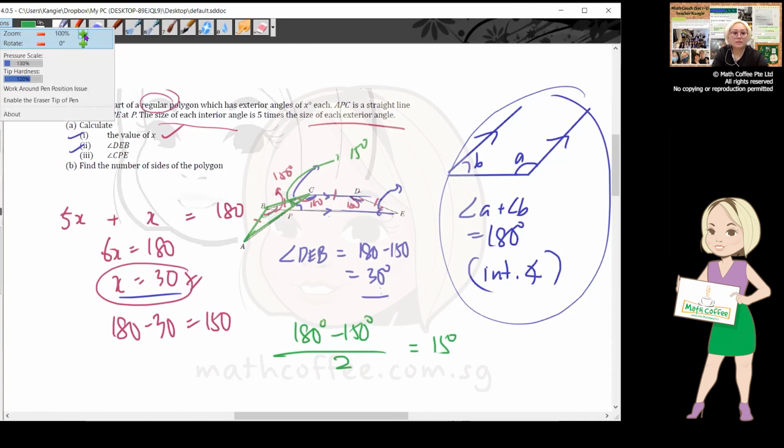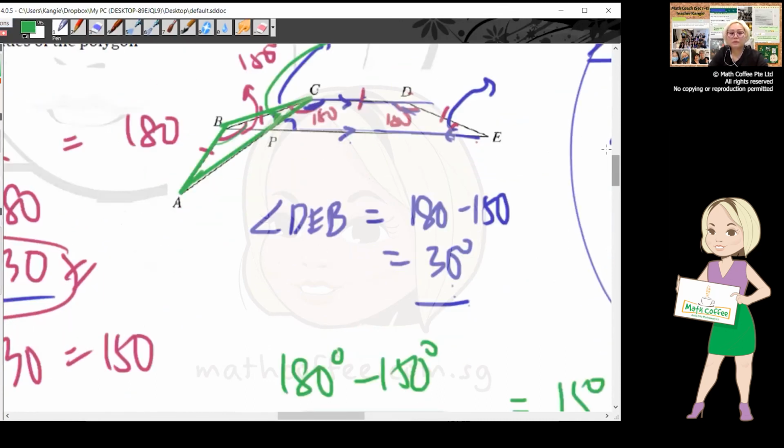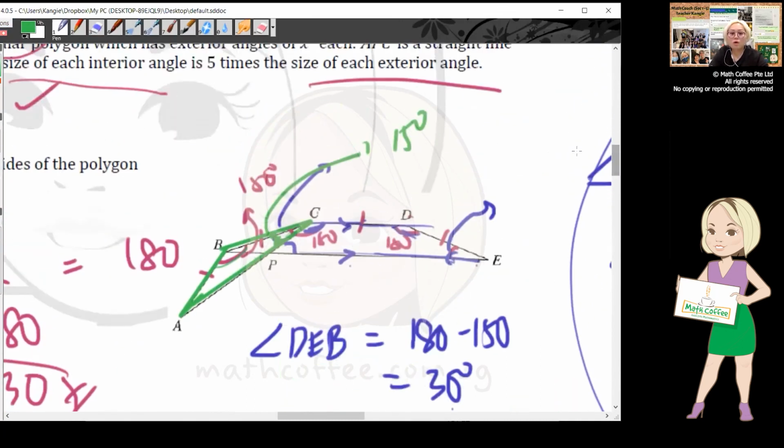Let me just expand. So this small angle over here is 15 degrees. Then I just take 150 minus 15, which will give me this angle over here. So 150 minus 15 is 135. I lack colors to use already.